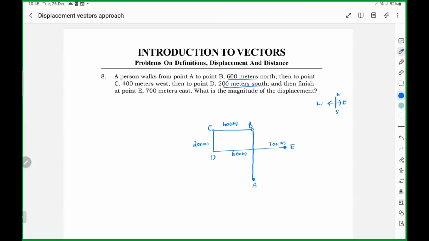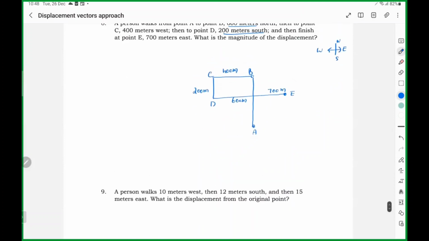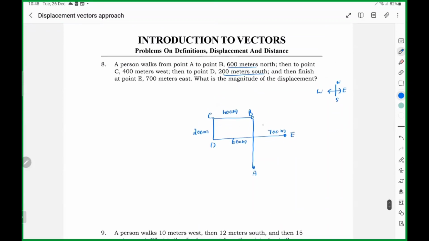So you can use vectors as well as the direct method. So here it is 400, it will be 400. This will be 300 because the total is 700. And A to B is 600. CD is 200.